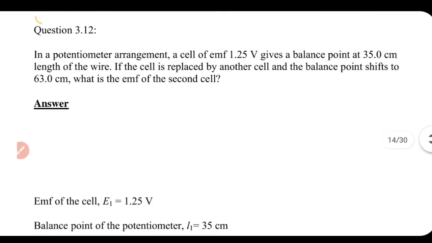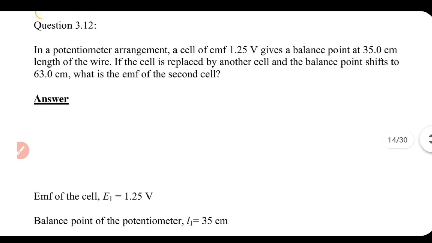In a potentiometer arrangement, a cell of EMF 1.25 volt gives a balance point at 35 centimeter length of the wire. If the cell is replaced by another cell and the balance point shifts to 63 centimeter, what is the EMF of the second cell?